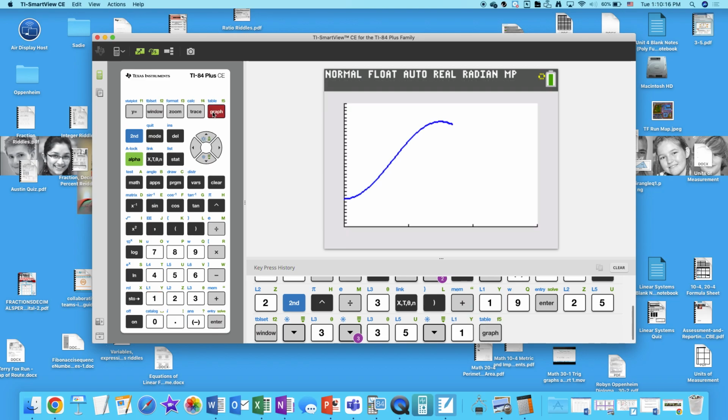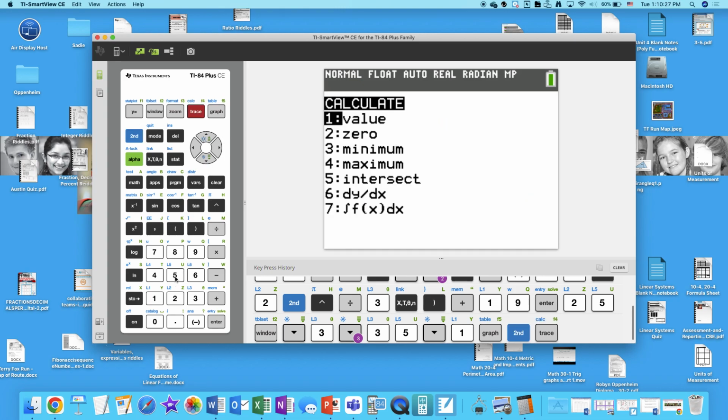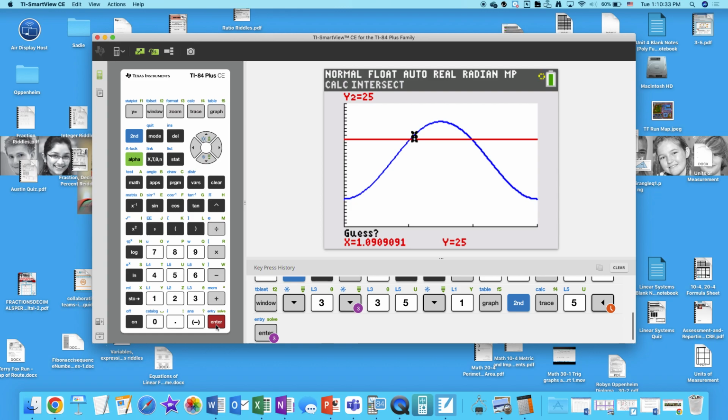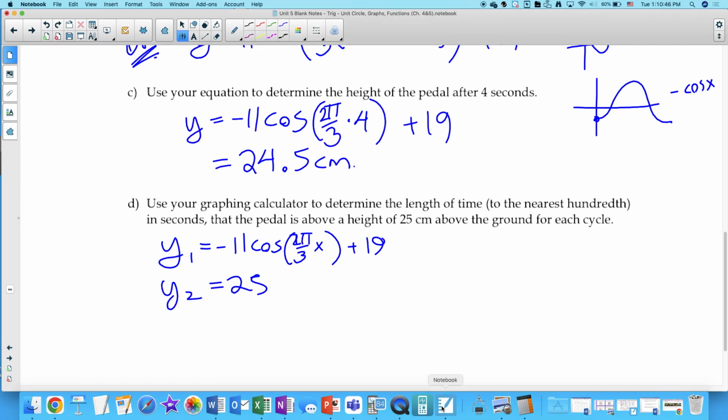Okay, so now I have to find the intersection points. Okay, so that's 1.025. So here's my little picture.